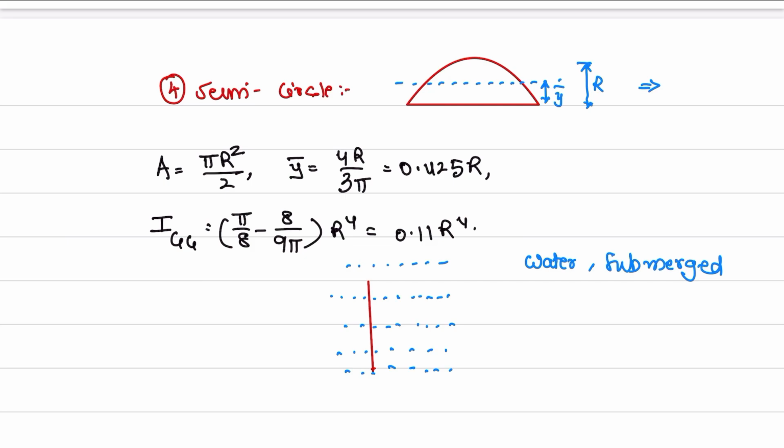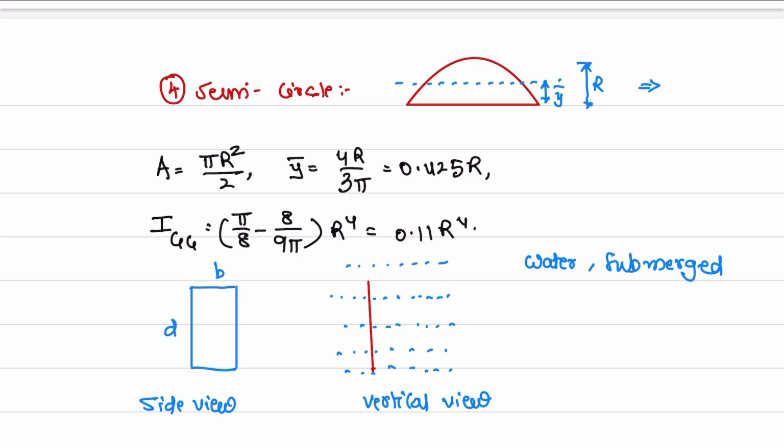And the surface will be a cross section of, let me say, B is the breadth, D is the depth. The cross section of this. This is vertical view. This is side view.